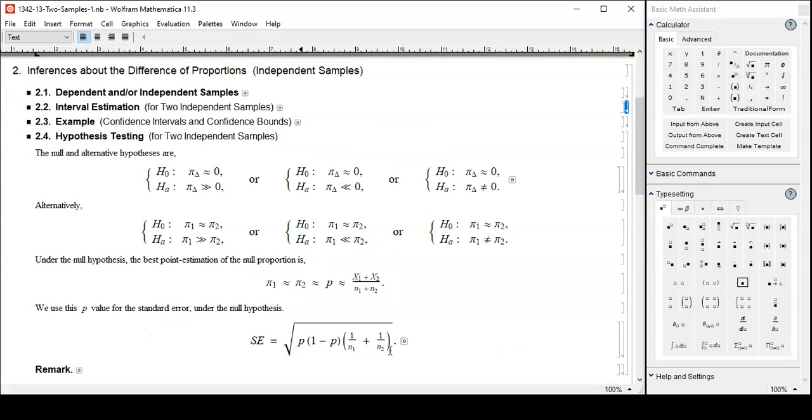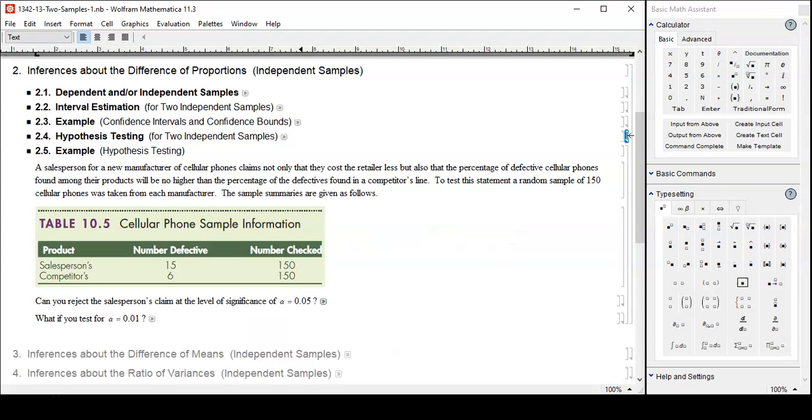For hypothesis testing, we use this SE formula. They're different. So just applying a confidence interval to hypothesis testing is not a good idea in two-sample inference for proportions. Generally, it's a bad idea for proportions, actually. For means, most of the time it works, but for proportions, it doesn't.